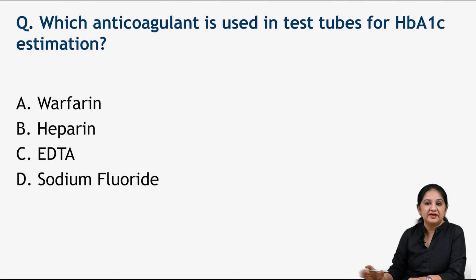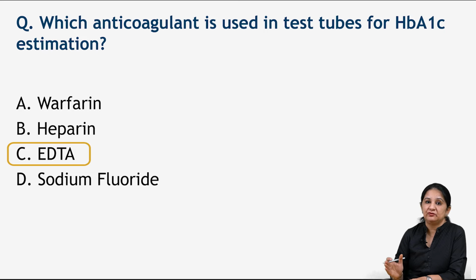Whenever Hb comes, what is the anticoagulant? Whenever Hb or hemoglobin comes, the anticoagulant is your EDTA. Please don't mark sodium fluoride considering it is glucose so it will be sodium fluoride. No. Whenever Hb, hemoglobin comes, your anticoagulant would be EDTA.